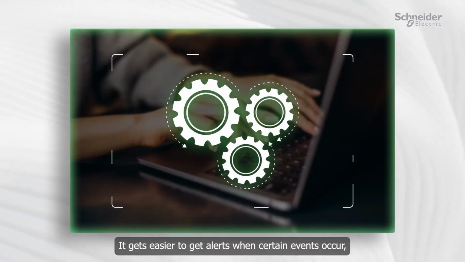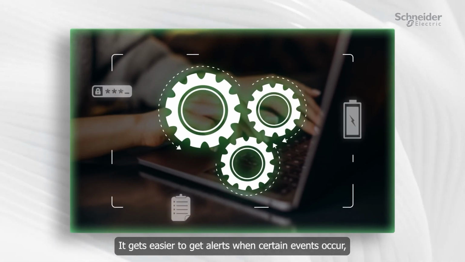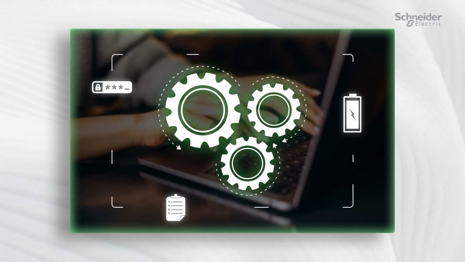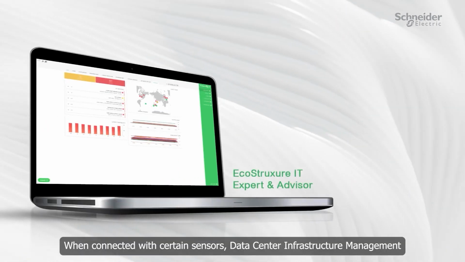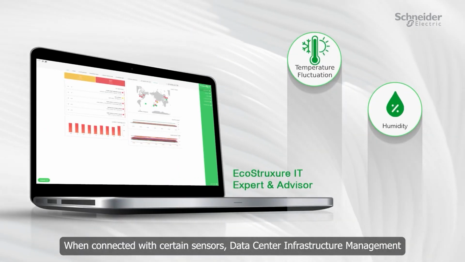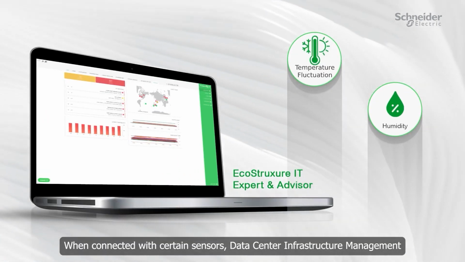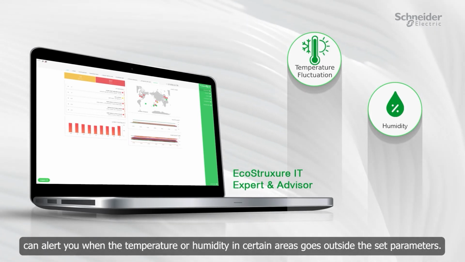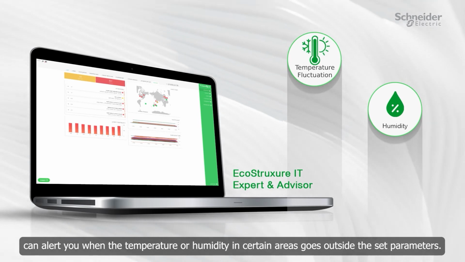It gets easier to get alerts when certain events occur, such as a UPS going on battery, a battery failure, or a closet with a keycard access is opened. When connected with certain sensors, Data Center Infrastructure Management can alert you when the temperature or humidity in certain areas goes outside the set parameters.